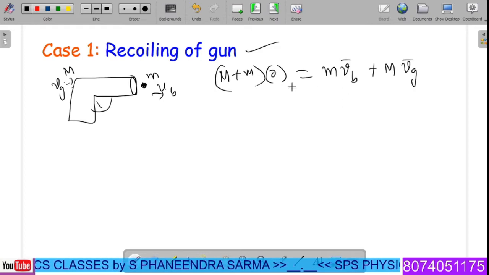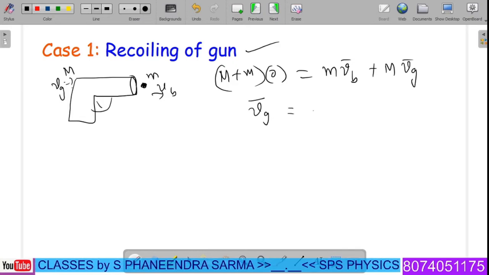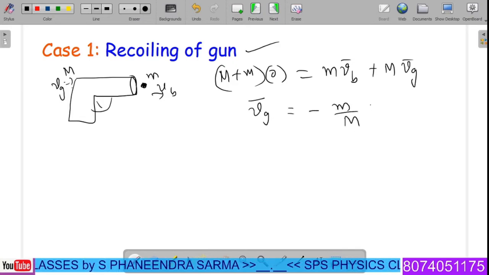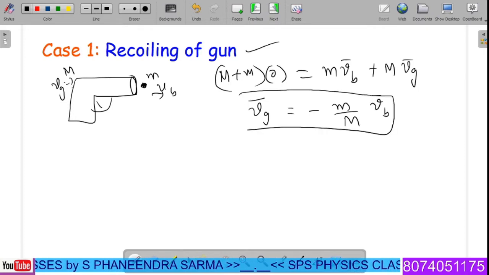Upon rearranging, Vg bar is equal to minus m by M into Vb bar. The minus symbol indicates recoiling, going in the backward direction.